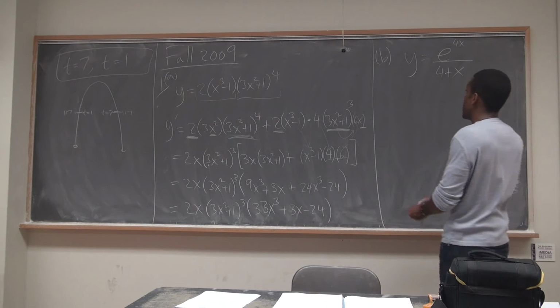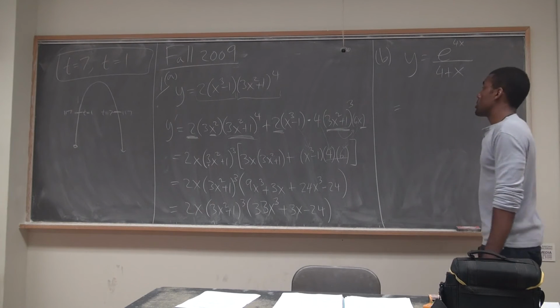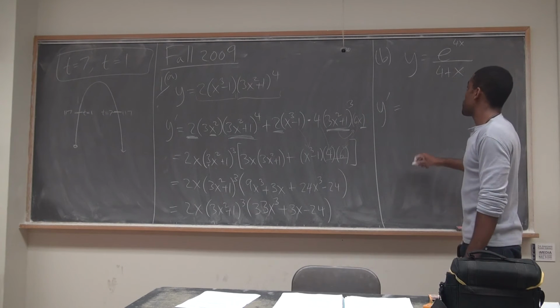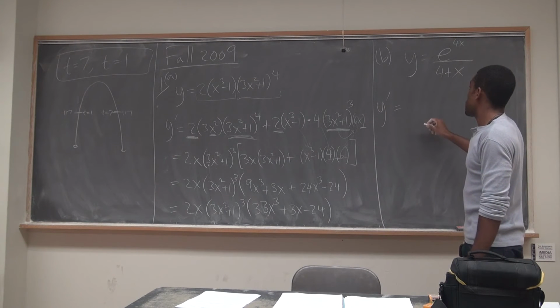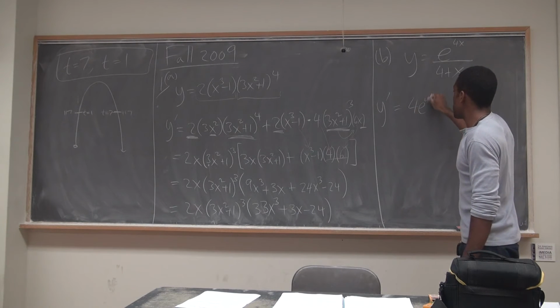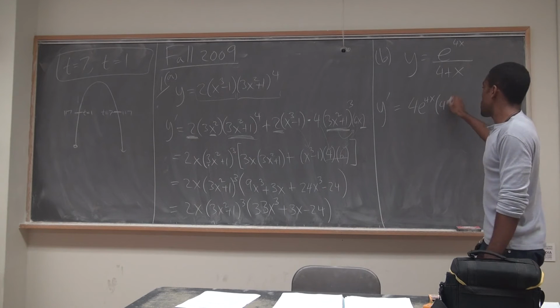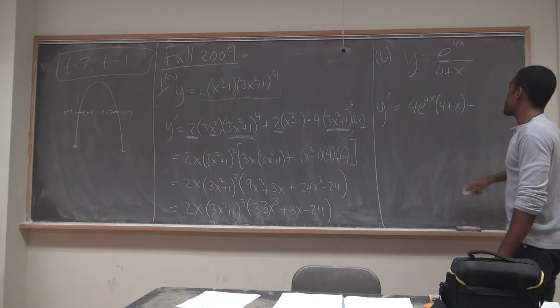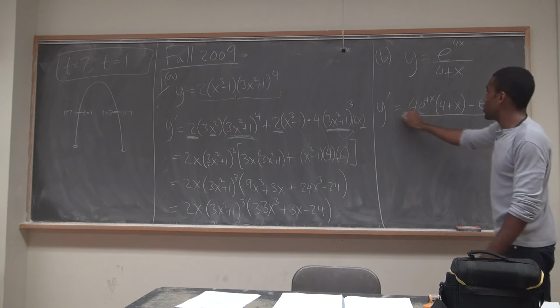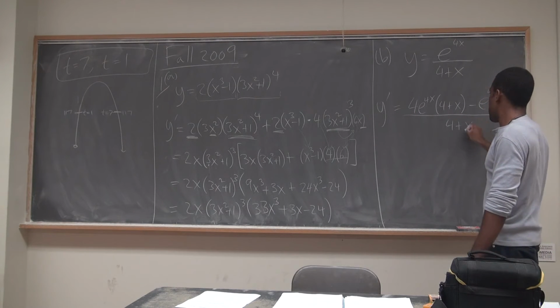So y prime equals 4e to the 4x, the bottom times the derivative of the top, so that's 4e to the 4x times that, minus this times the derivative of the bottom, which is 1, over bottom squared.